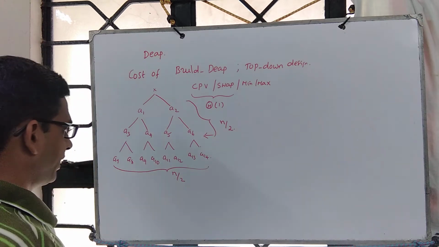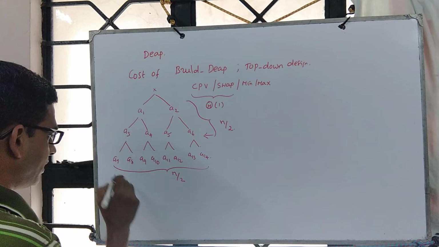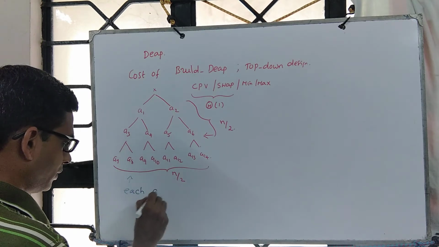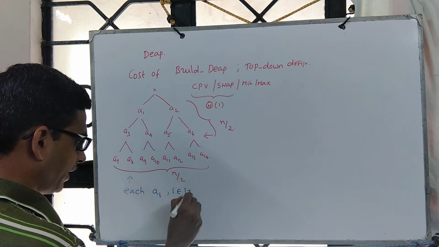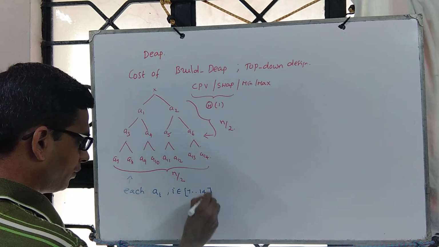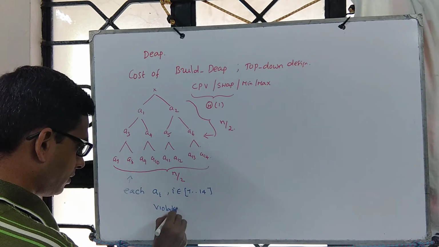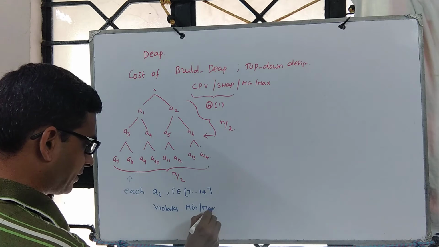So now imagine the case you are done with construction until this part. Each Ai, i belonging to the range 7 to 14, violates min or max.